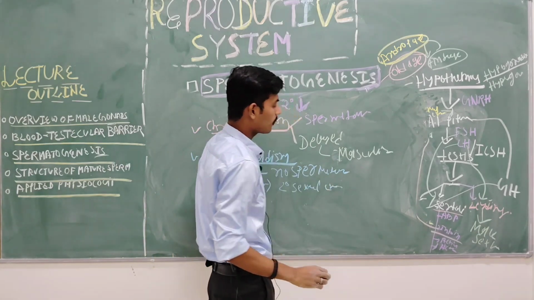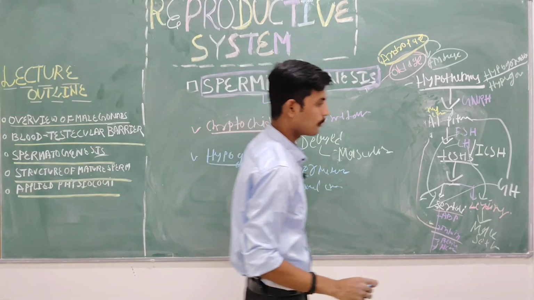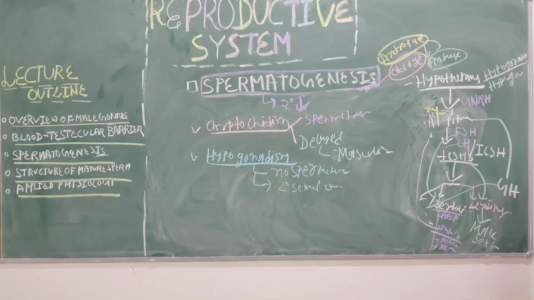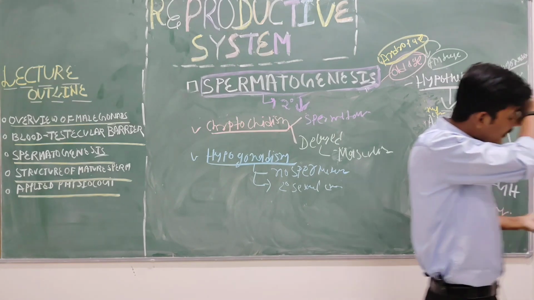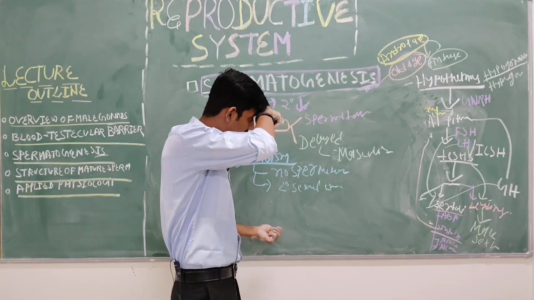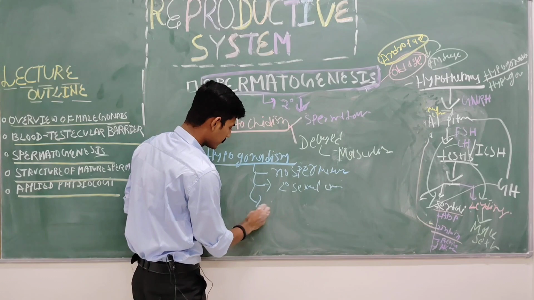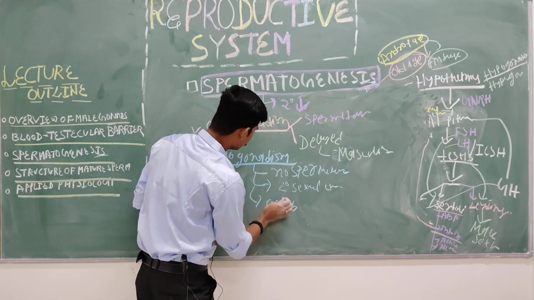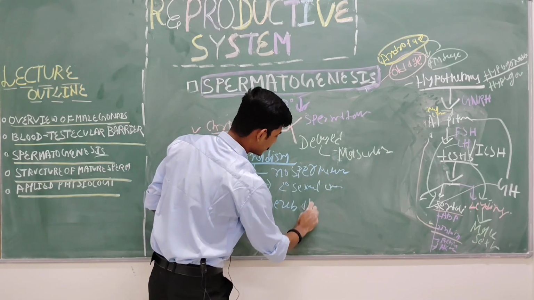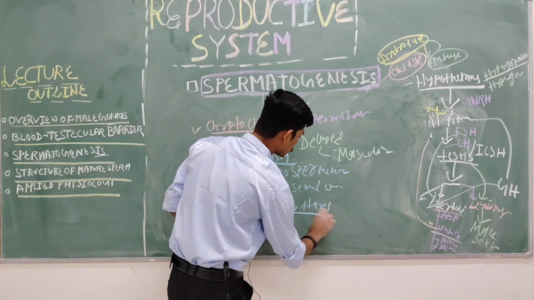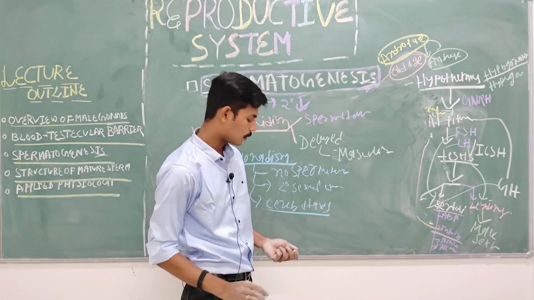Understood? No problem. Now the other etiology is hepatic cirrhosis, and sometimes accidents, or cerebral ataxia. These are neurological problems.